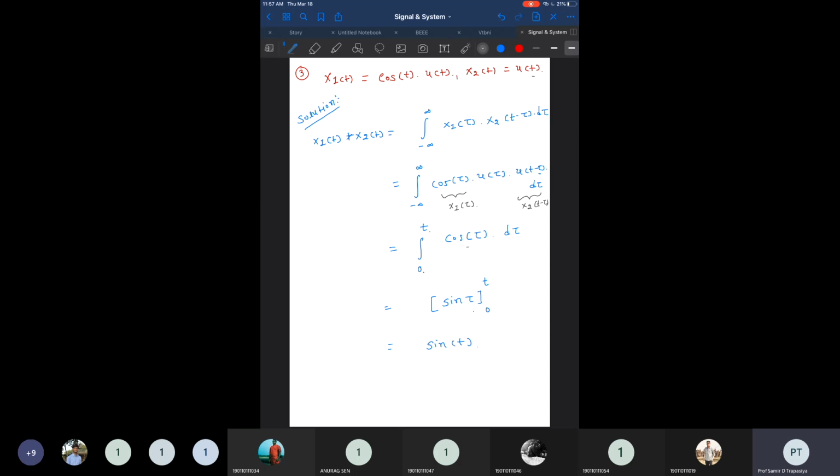If we apply the integration limits 0 and t, it is sine of t minus sine of 0. But the sine of 0 is itself 0, so we are left with sine of t only. Okay. So the output of this convolution operation of x1 of t and x2 of t is equal to sine of t. So this is the final answer.